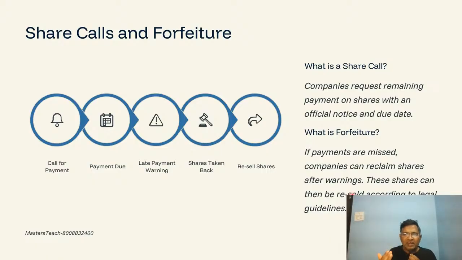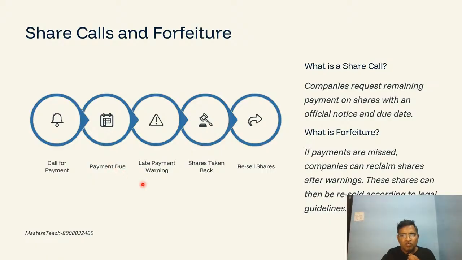They collect 50% the first time, then 25% the second time, and 25% the third time, totalling 100%. When they are collecting the money, that is called a share call. The company requests the remaining payment on shares with an official notice and due date. So for a call for payment, they announce the due date.